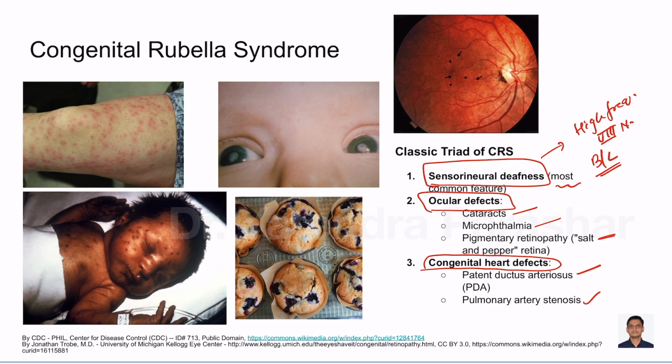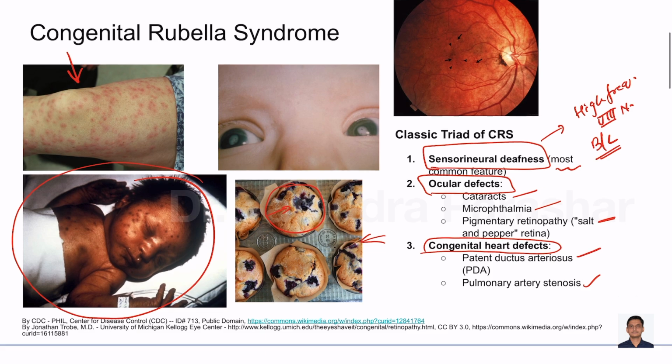Another feature is the presence of a rash in the baby due to thrombocytopenia, which is known as blueberry muffin rash. It looks like a blueberry muffin, and this picture shows the rash; there may be a history of rash in the mother during pregnancy. Other features include microcephaly, hepatosplenomegaly, and growth retardation.